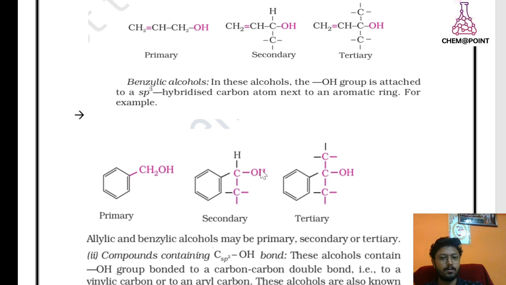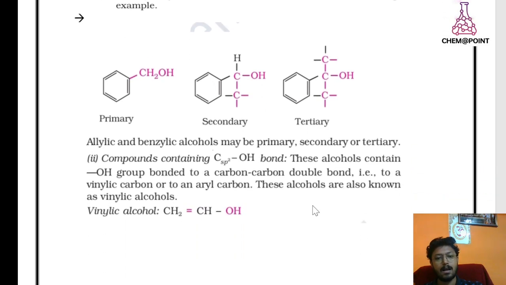If the carbon the OH group is attached to has one hydrogen, it is secondary. If that carbon has no hydrogen, it is a tertiary alcohol. Got it? Now move to allylic and benzylic alcohols.